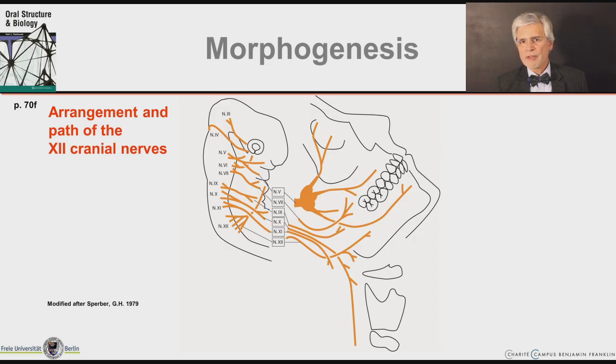The systematics of the 12 cranial nerves and their course is hard to learn and thus hard to get into your head. I want to refer here to the helpful scheme by the embryologist Jeffrey Sperber. From this, at least, there are clues to the complex, sometimes crossed assignments between the orofacial regions and the course of the cranial nerves.